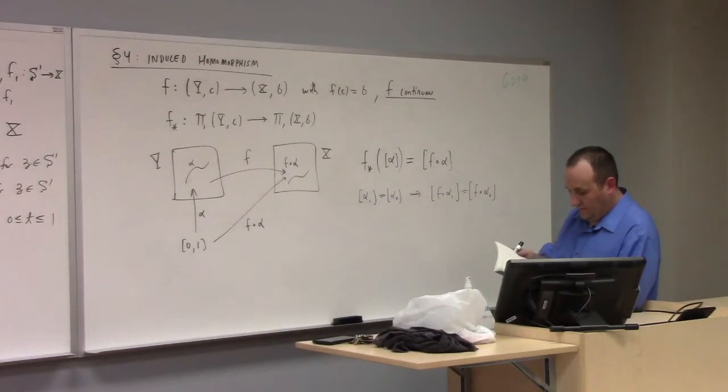Then his corollary 4.2, let y be a convex subset of Rn. Let y naught and y1 be in y, and f be a map from y to x. Alpha and beta paths from y naught to y1. I don't understand this corollary.